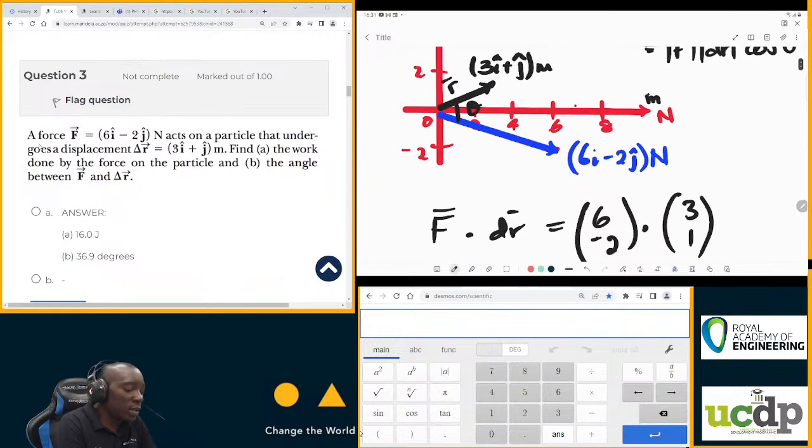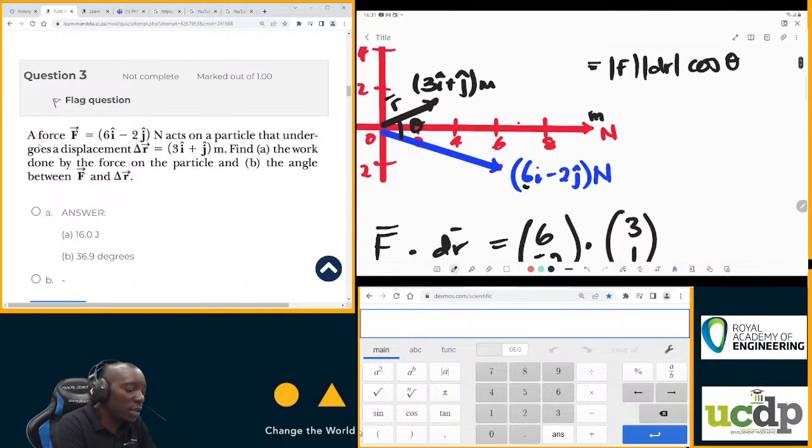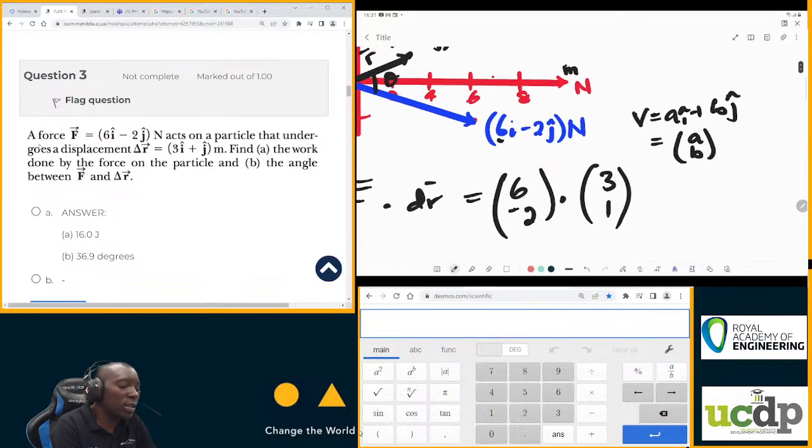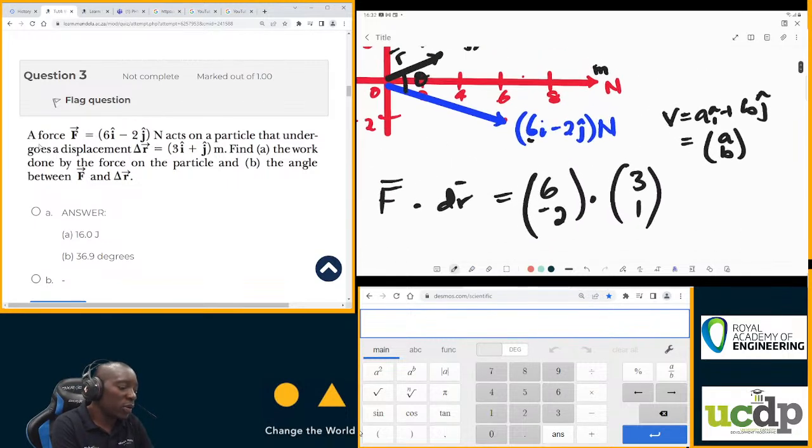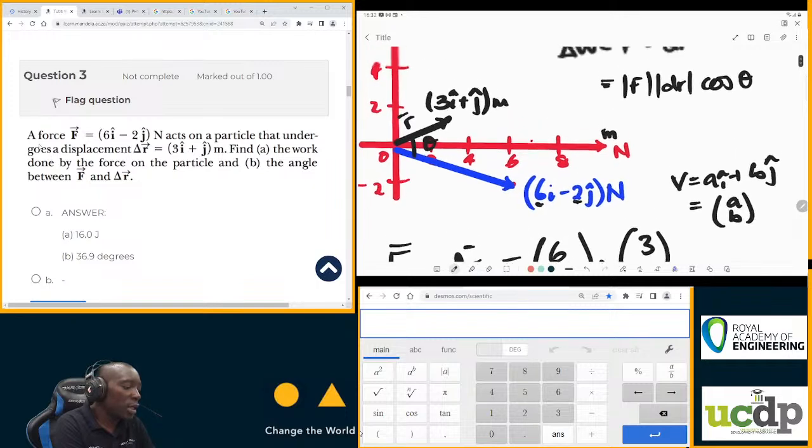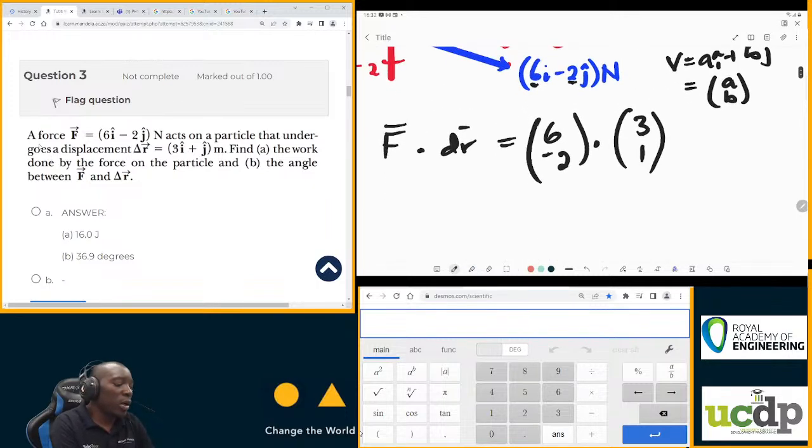We present a given vector, A i plus B j, as A and B. A represents the x coordinate, B represents the y coordinate or the magnitude along y. Then we do our dot product multiplication like this.